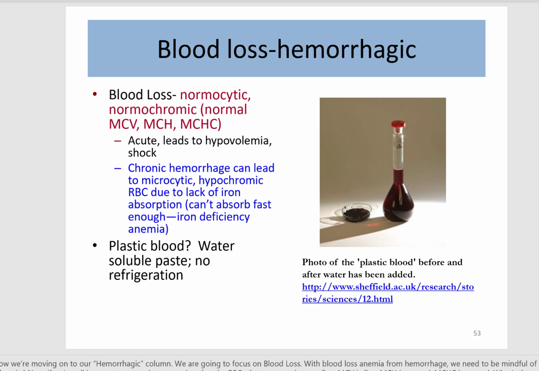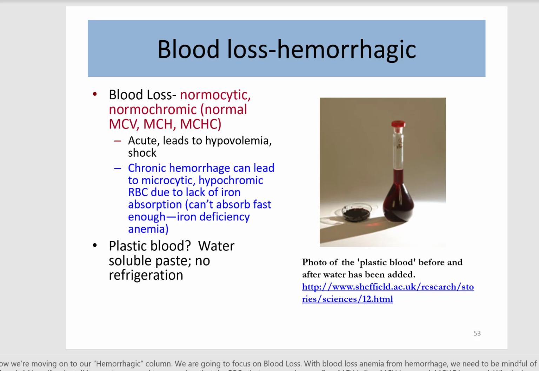You could have anemia while your red blood cells are normal. They are normal size, normal shape. They are filled with the adequate amount of hemoglobin. So everything is normal. Normocytic, normochromic. They have normal everything.